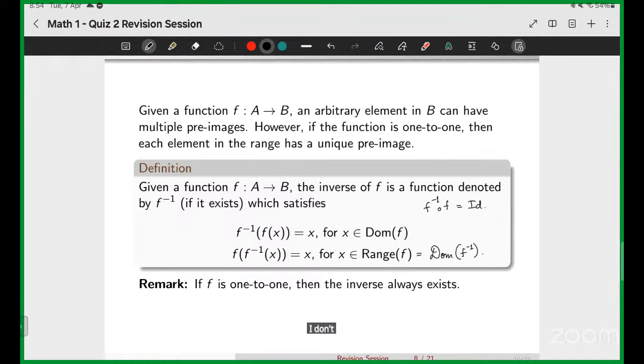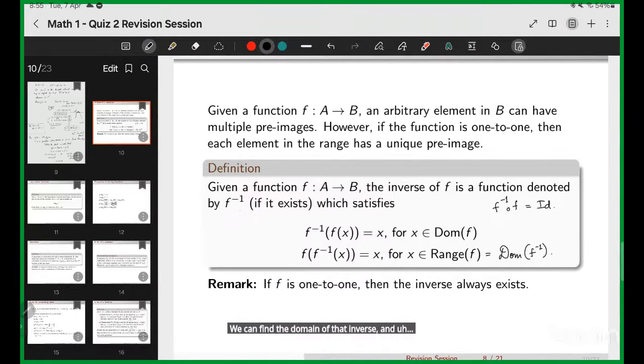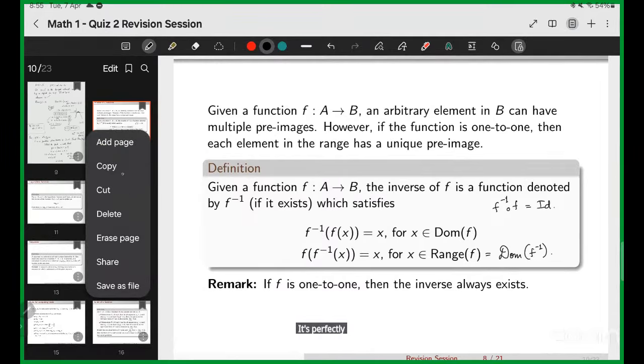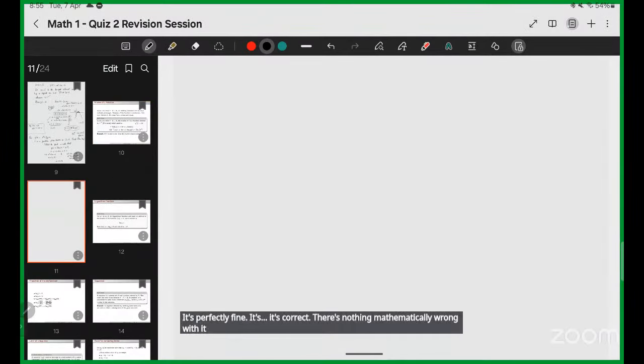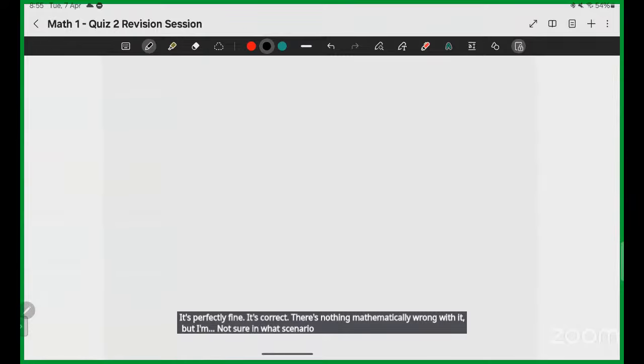I don't think it will be any easier that way. Just by looking at the function, if we are not able to find the range, can we find the inverse first, and then find the domain of that inverse? It's perfectly fine. It's correct. There's nothing mathematically wrong with it, but I'm not sure in what scenario it will actually be easier.